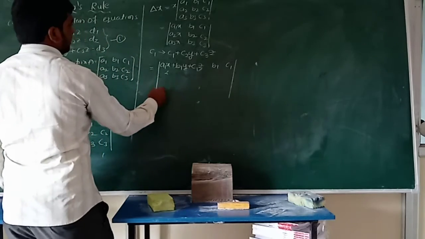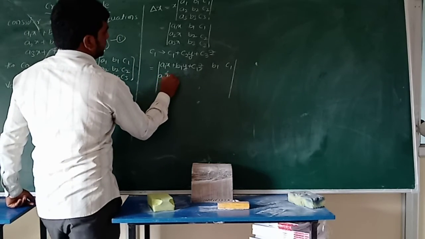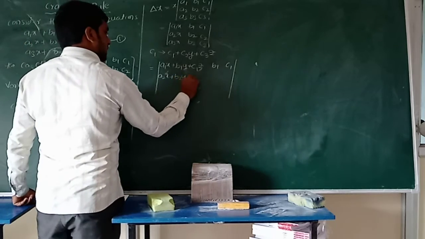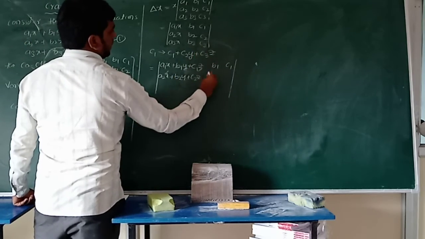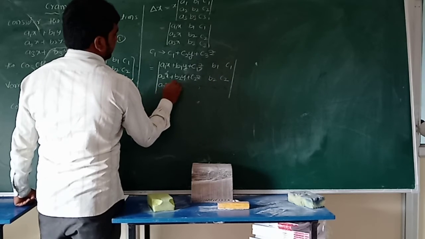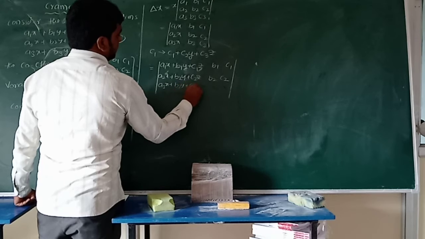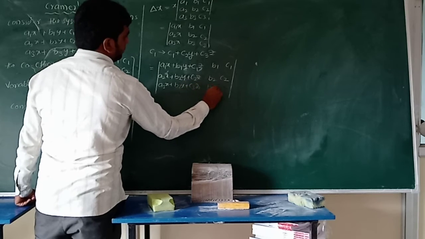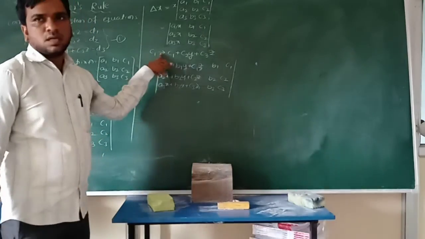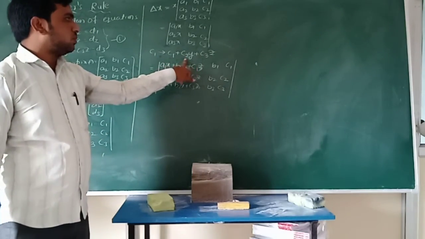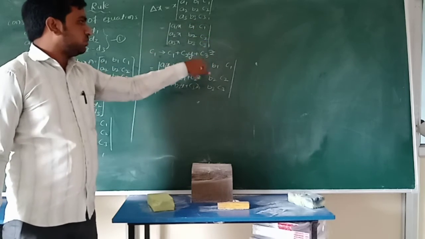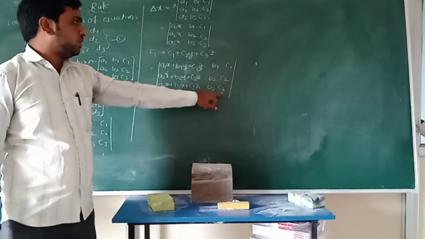Then a2x plus b2y plus c2z, with b2 and c2 as it is, and a3x plus b3y plus c3z, with b3 and c3 as it is. Only column 1 is changing: column 1 plus column 2 into y plus column 3 into z.